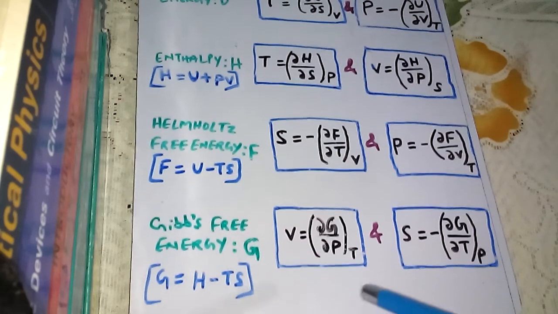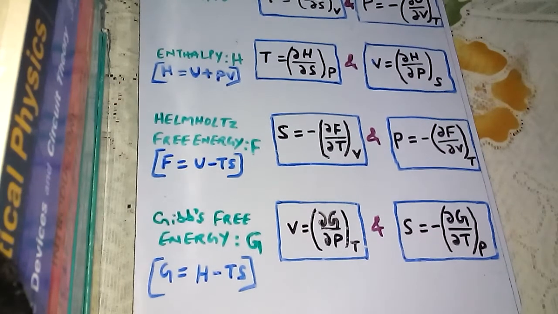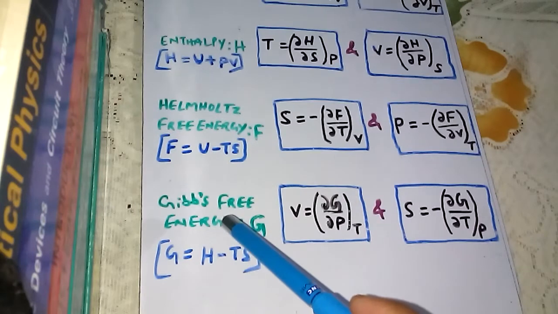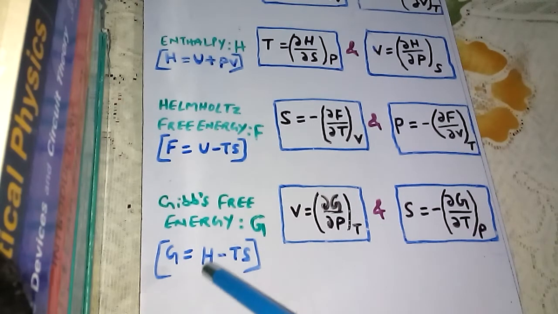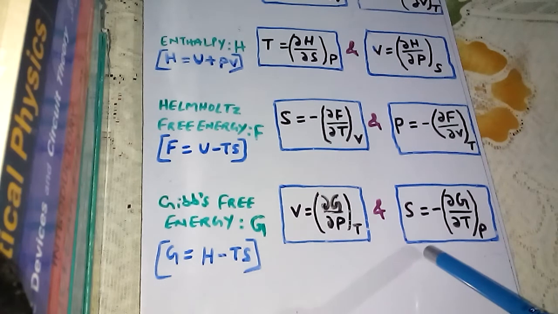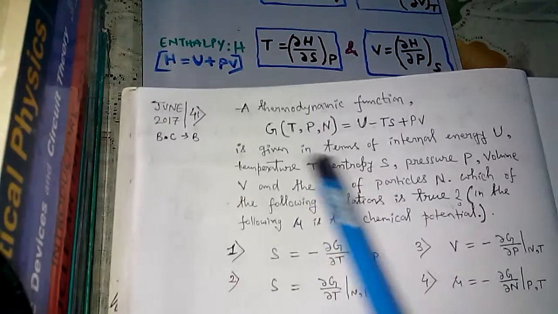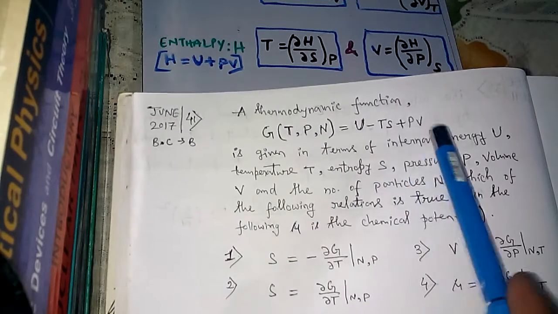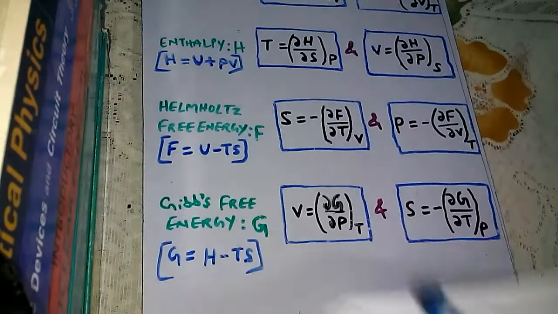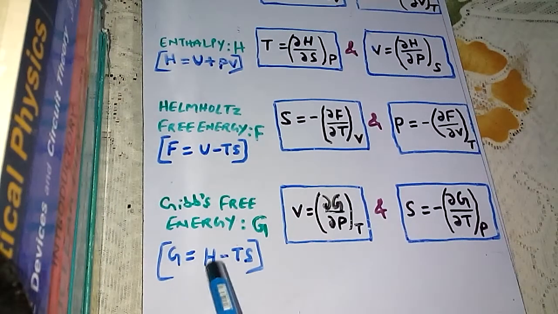Now in this problem, since we are concerned with Gibbs free energy, this is the Gibbs free energy, which is given by G equals H minus Ts, and these are the relations. Now one thing: in our problem it says that G equals U minus Ts plus PV, but here we can see that G equals H minus Ts.